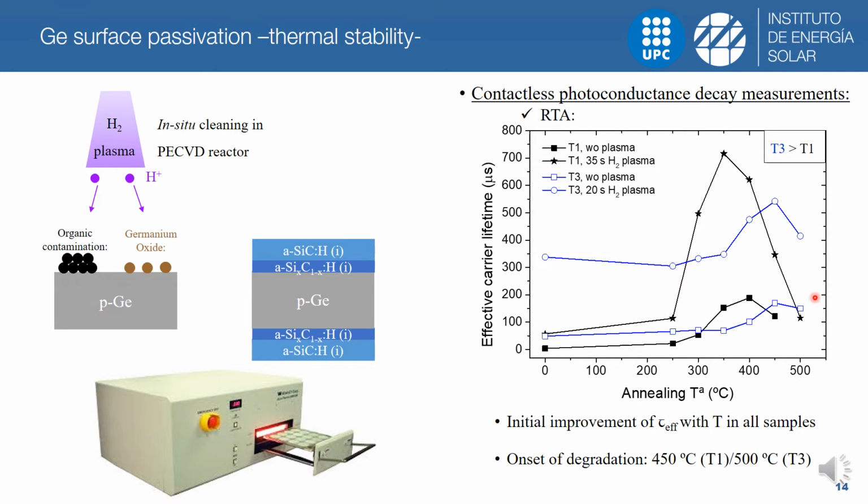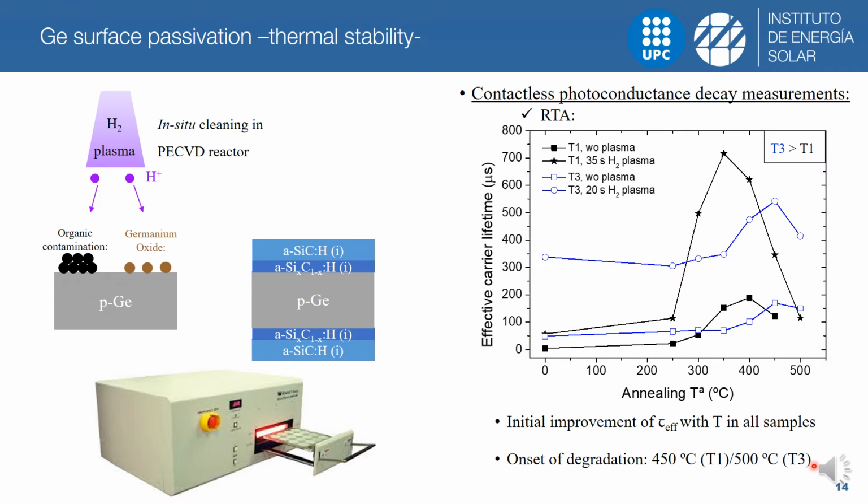What is different, depending on the deposition temperature, is the onset of degradation. In the case of the lowest temperature deposition, T1, the onset of degradation starts at 400 or 450 degrees, whereas in the case of the highest temperature deposition, the deterioration starts slightly later, at 500 degrees.